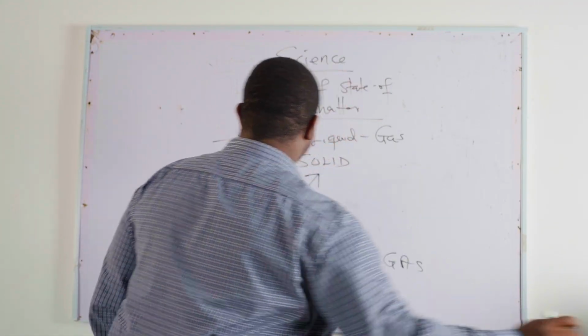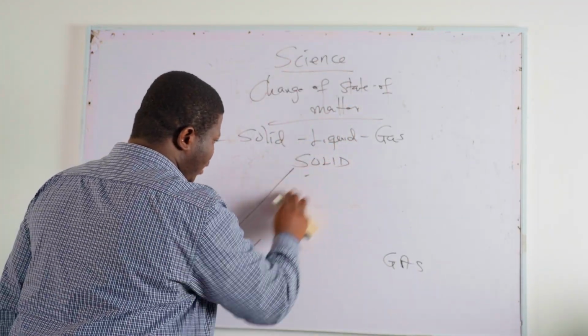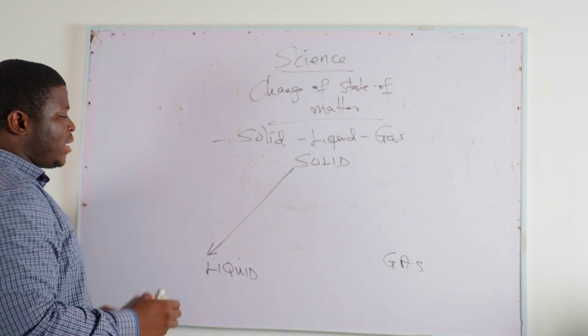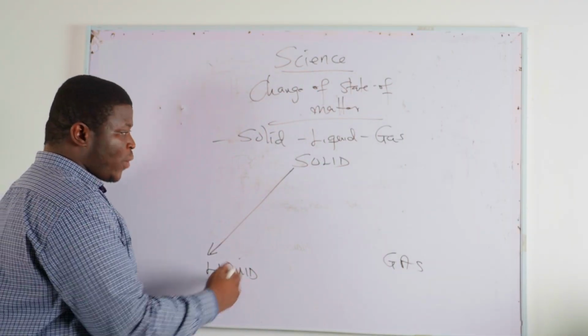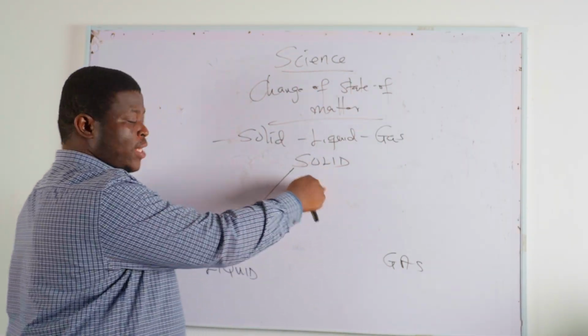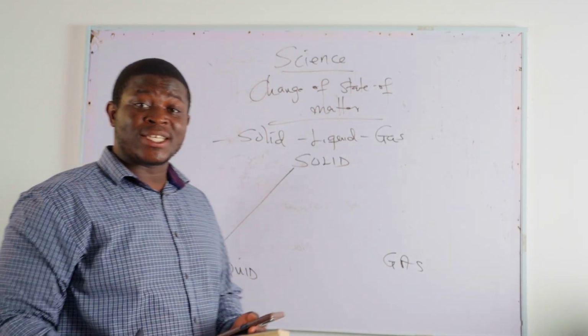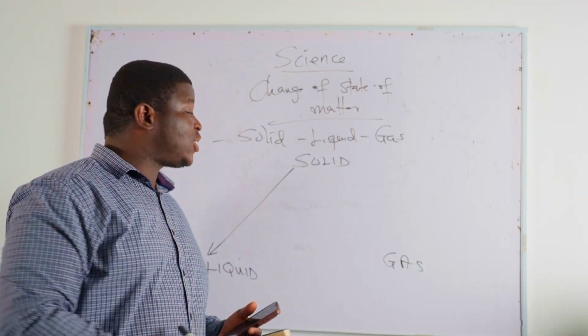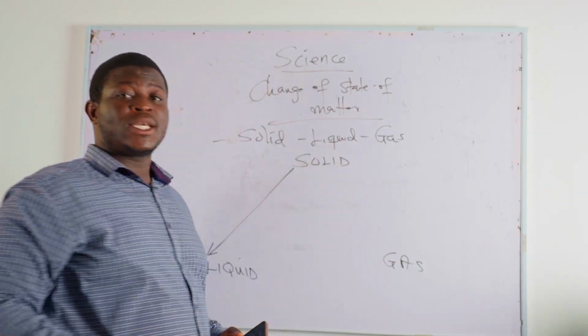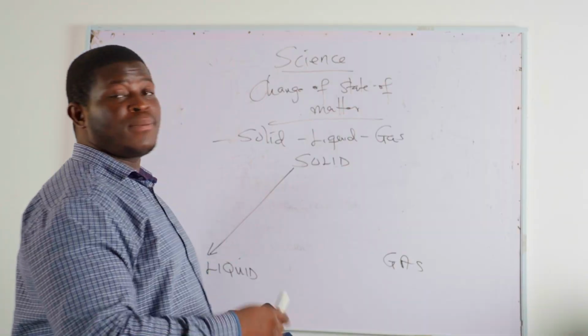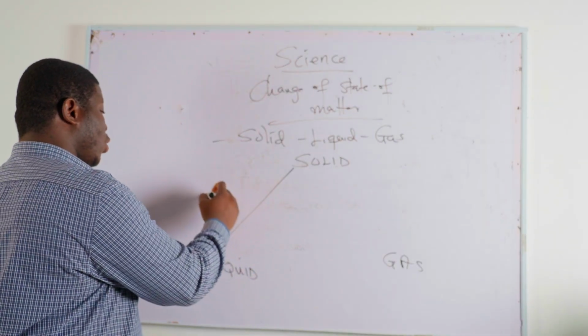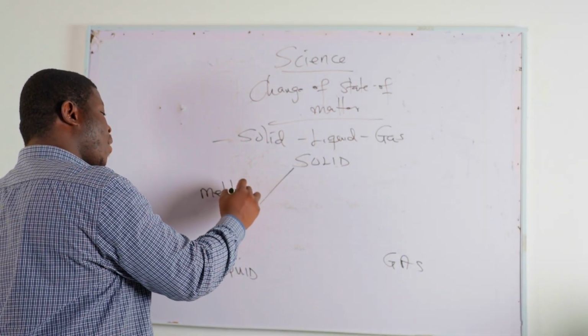So first, we want to look at the name given to a substance when it changes from the solid state to a liquid state. So a substance is in a solid form. When the substance changes from the solid state to a liquid state, what name do we give to that? And we all know that it is known as what?